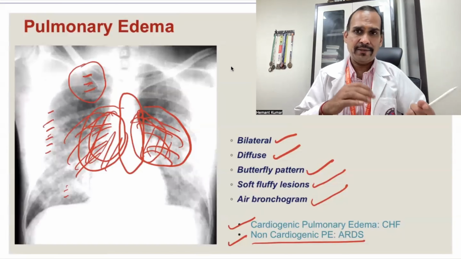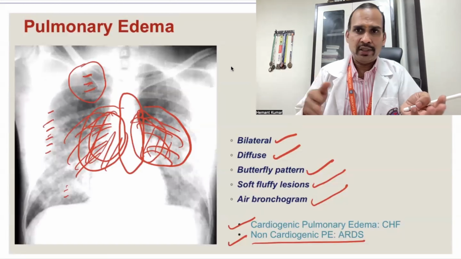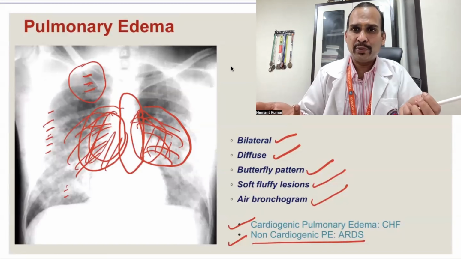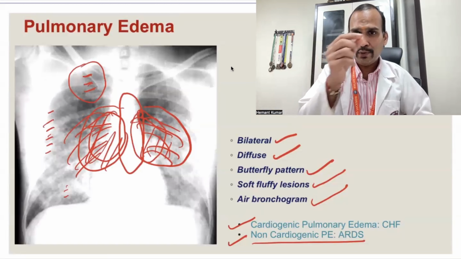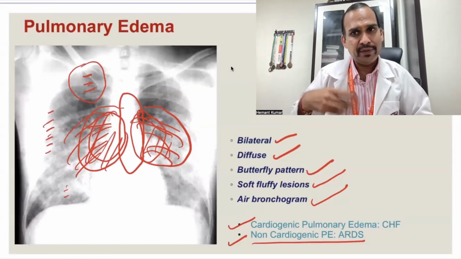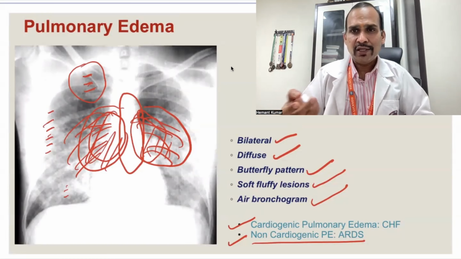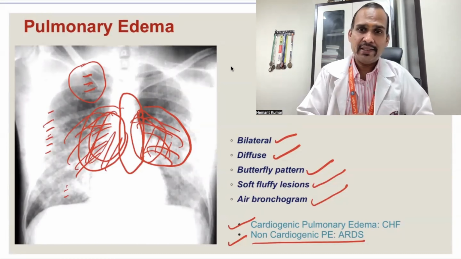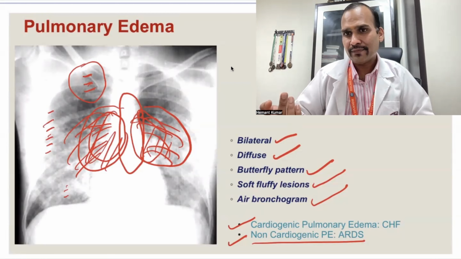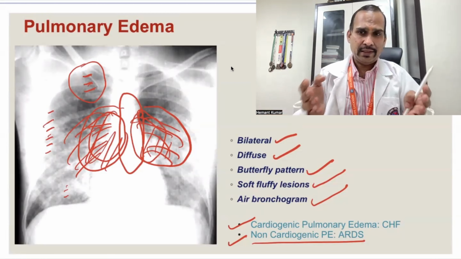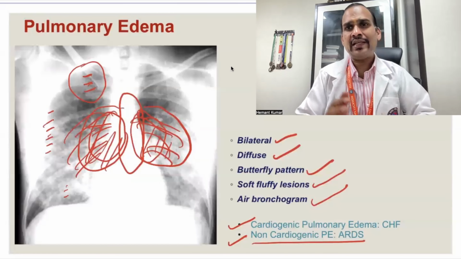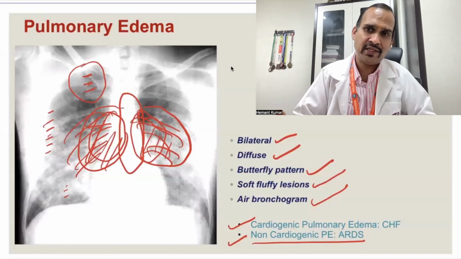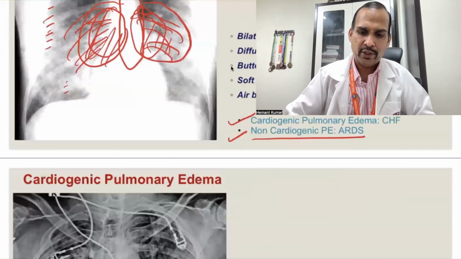If there is volume overload, you can say it's cardiogenic pulmonary edema. If there is a small pleural effusion, it may be cardiogenic. If there is cardiomegaly, then it probably is cardiogenic. So radiologically it is very difficult, but clinically you can have a suspicion.